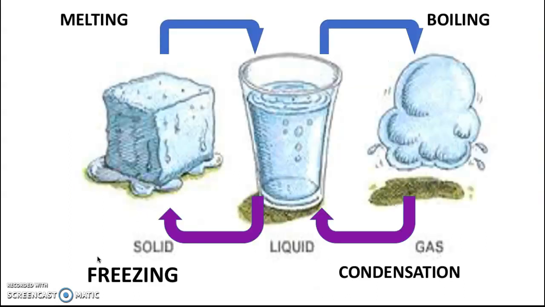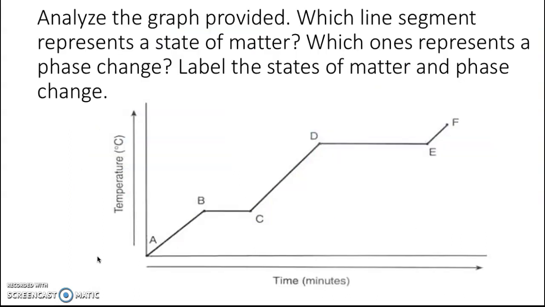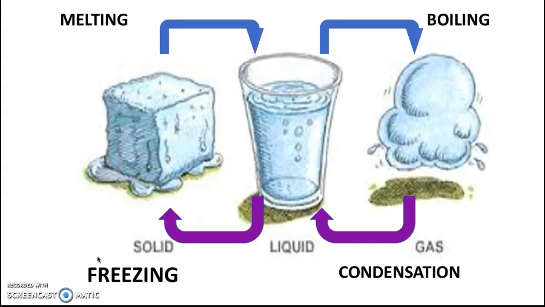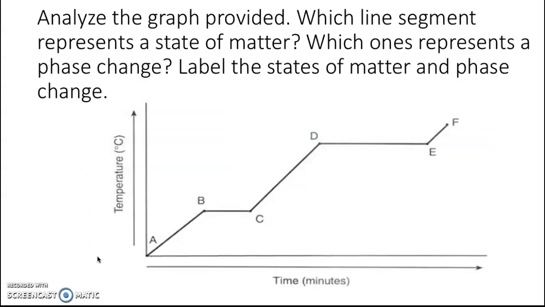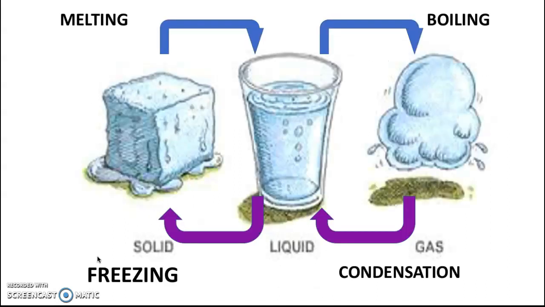So the thing about this image and this image is that they can and they will represent each other, right? So this image can be represented as a graph. I want you to take a few moments and see if you can label each line segment of this graph with the information here, right?